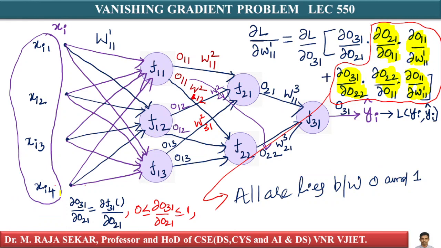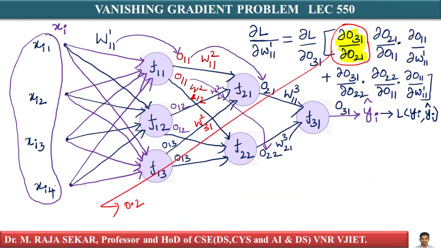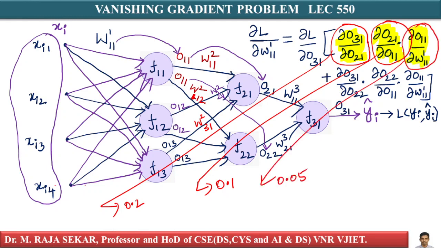Now, if you look at these three numbers, dou O31 by dou O21, dou O21 by dou O11, and dou O11 by dou W11, all of them lie between 0 and 1. So what happens in such a case?